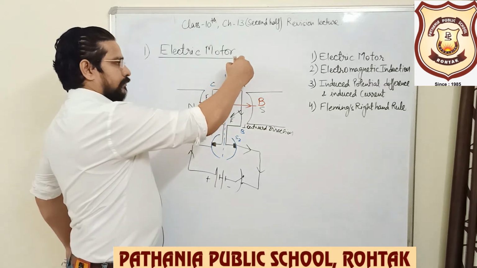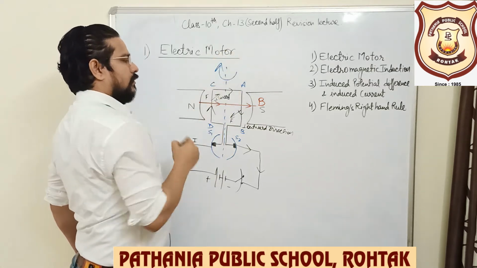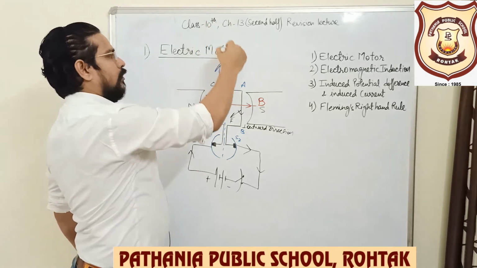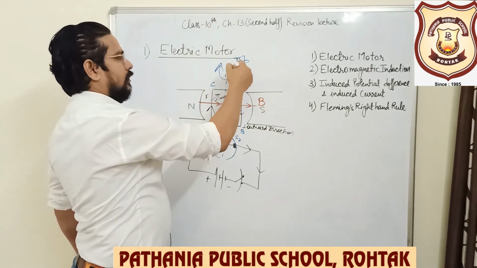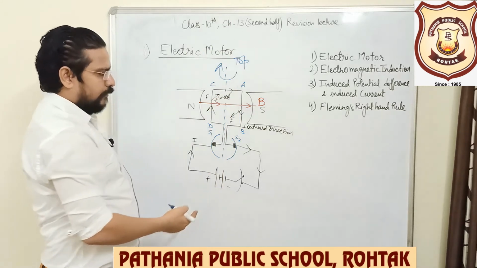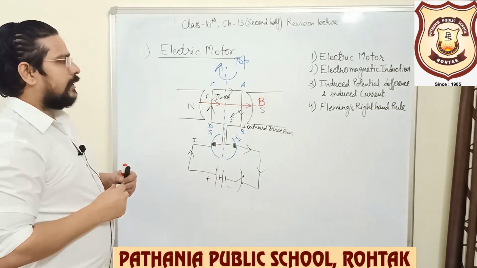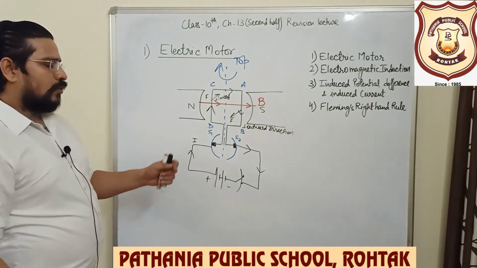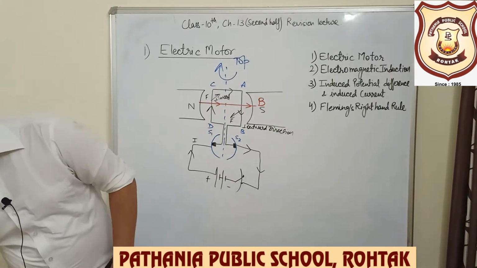So this will give your armature a clockwise rotation when observed from the top of the diagram. If you observe it from below the diagram, obviously the direction will become anti-clockwise. So do not get confused in this.